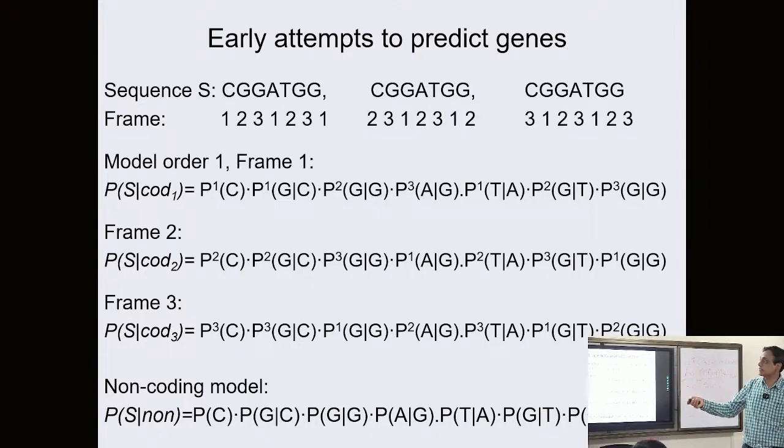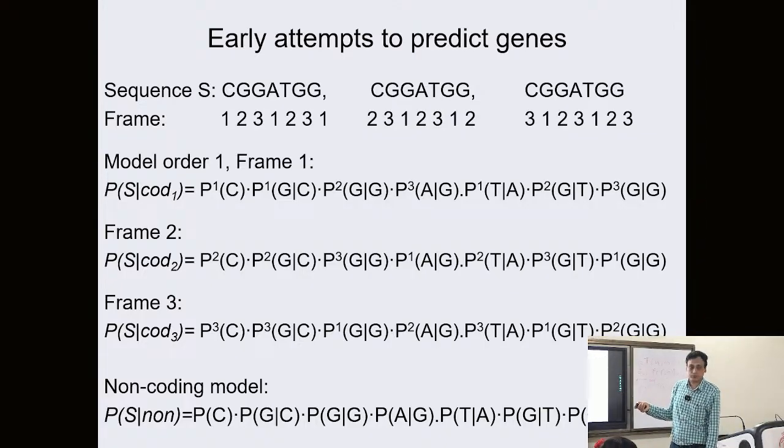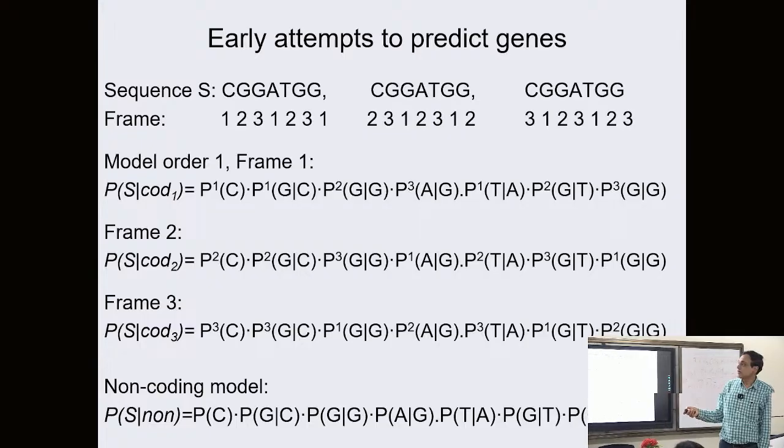We just did it, and this is for a first order Markov chain model. And the probability of the sequence to be non-coding can also be computed. This is the homogeneous Markov chain model description, and these are the non-homogeneous Markov chain model description.